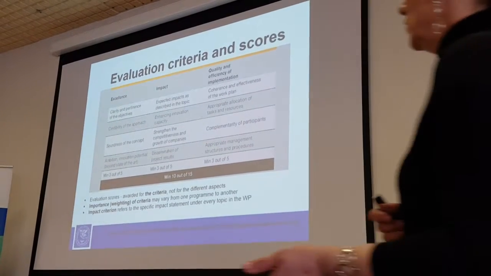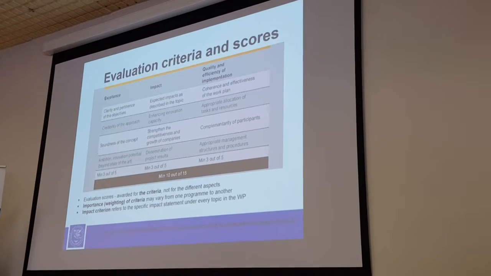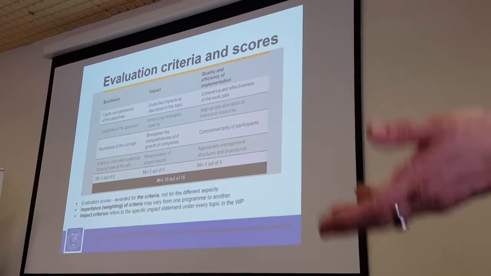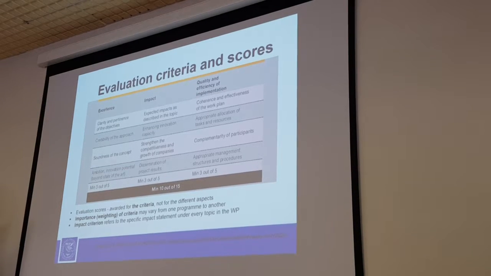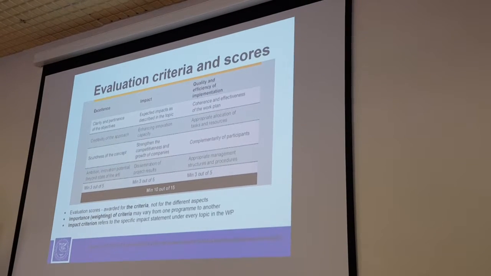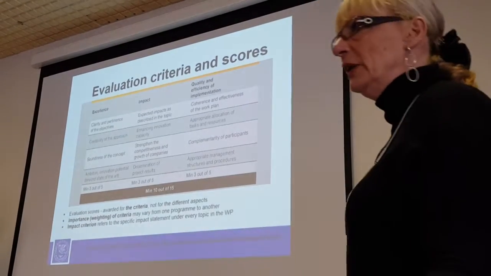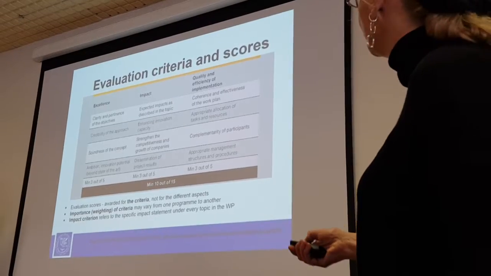As already mentioned, the importance or rating of criteria may vary from one program to another, and what is very important here is that the impact criterion refers to the specific impact statement under every topic in the work program. So please check carefully what kind of impacts are expected by a specific call.